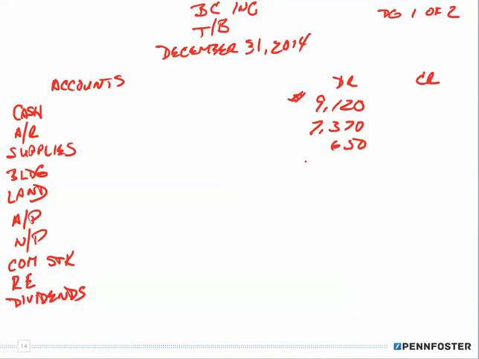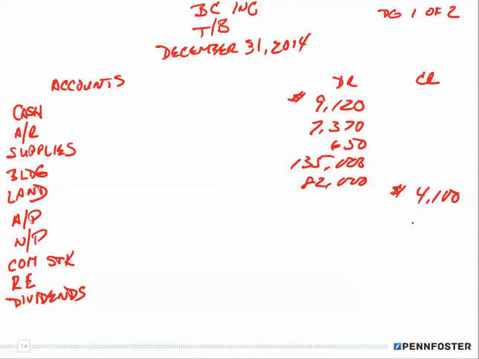Supplies was 650, building was 135,000. Use commas. 82,000 for the land. And my accounts payable is in the credit column, so it's the first number there.